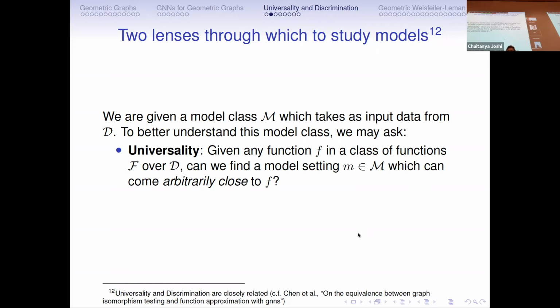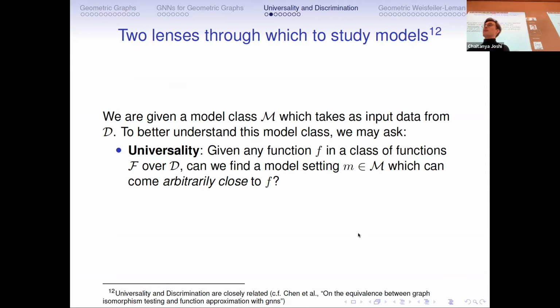This is the very famous result of the one hidden layer MLP. If you make it wide enough, you can universally approximate essentially any function that is somewhat well behaved, so continuous. So universality is one lens, which is very commonly used to study models.